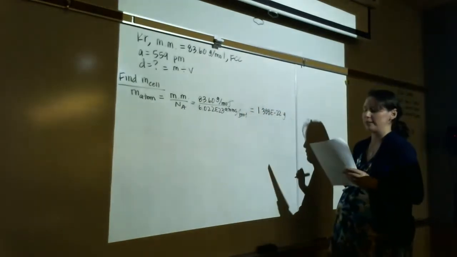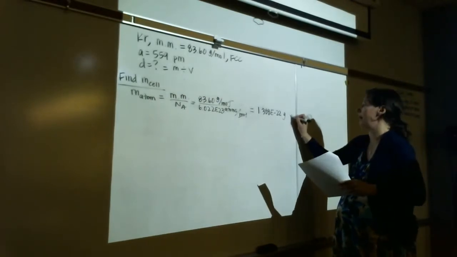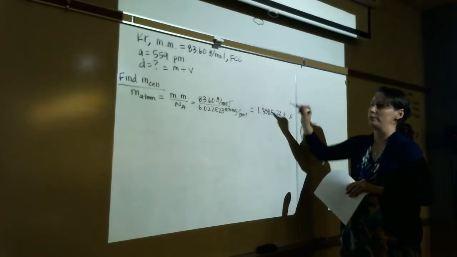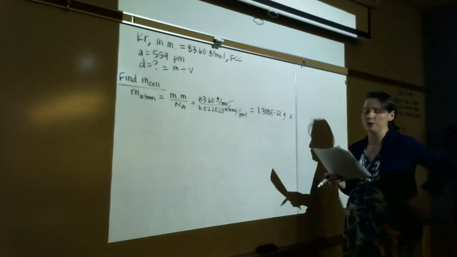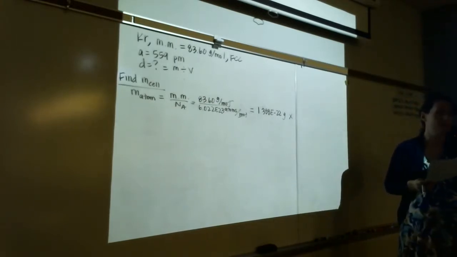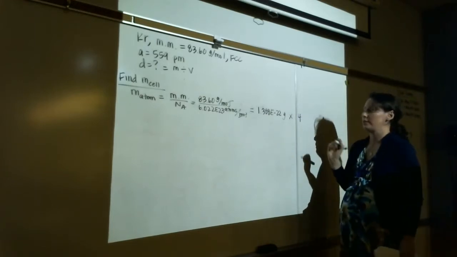Now this is face-centered cubic. So what am I going to multiply it by to convert the mass of an atom to the mass of a cell? It's face-centered cubic, so 1, 2, or 4? 4, right? Because there are 4 net atoms in face-centered cubic.